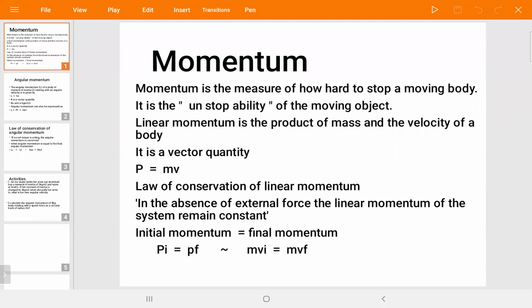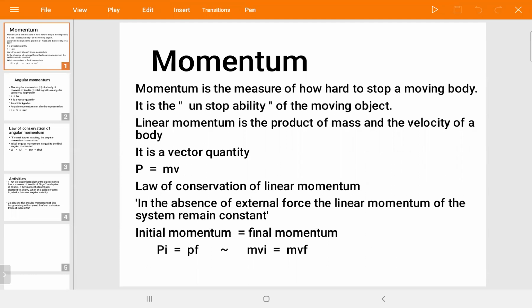Therefore, momentum is the ability of an object, or the unstoppability of a moving object. When a ball is kicked, it possesses momentum, and to stop its motion, you need to act against its motion. The hardness or unstoppability of an object is called momentum.